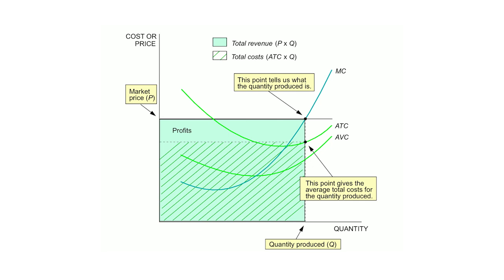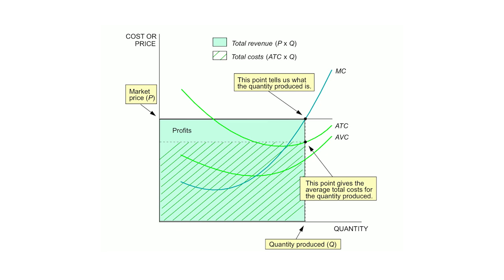Now, to get the point on the curve that represents costs and revenues, we need to go up from that point and look at the average total cost curve. Average total cost at that level of production is indicated by the arrow pointing to the place where the vertical line intersects the average total cost curve.